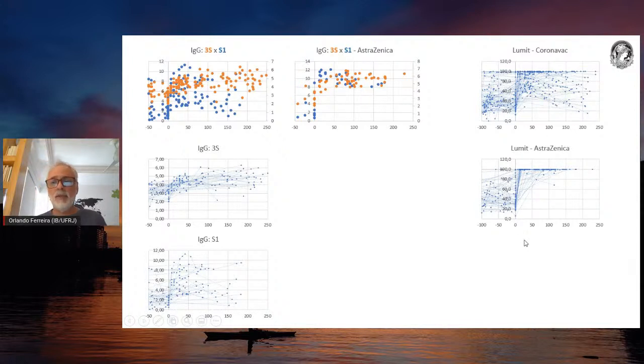I said that I was not going to talk about any other vaccine, but just for comparison, if you take the individuals that have been pre-infected and then immunized with CoronaVac, and compare them to the same group of individuals immunized with AstraZeneca, you can see a pretty neat difference: most individuals in the AstraZeneca group maintain their high level of neutralizing antibody, and the CoronaVac group is continually decaying in their level of neutralizing antibody.